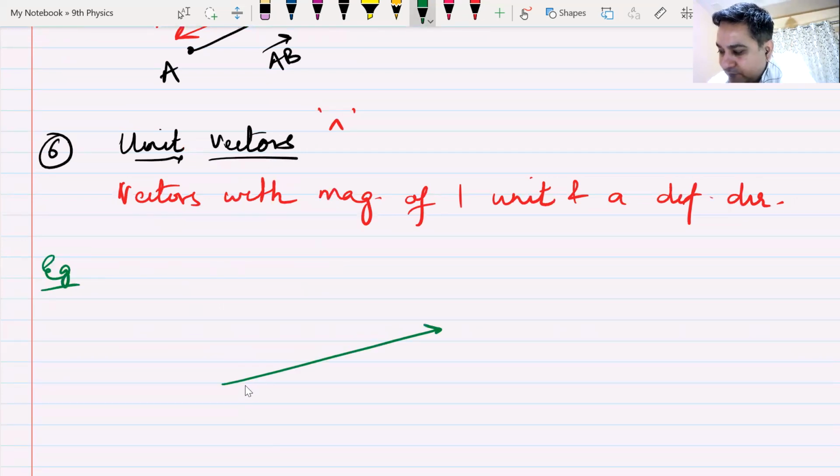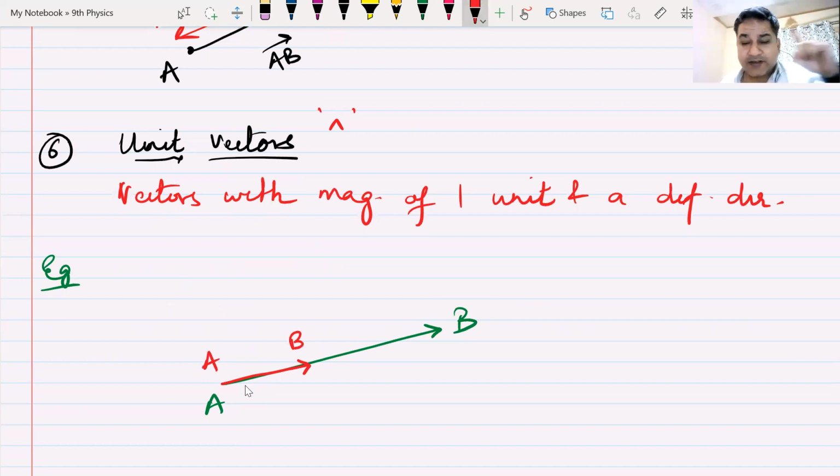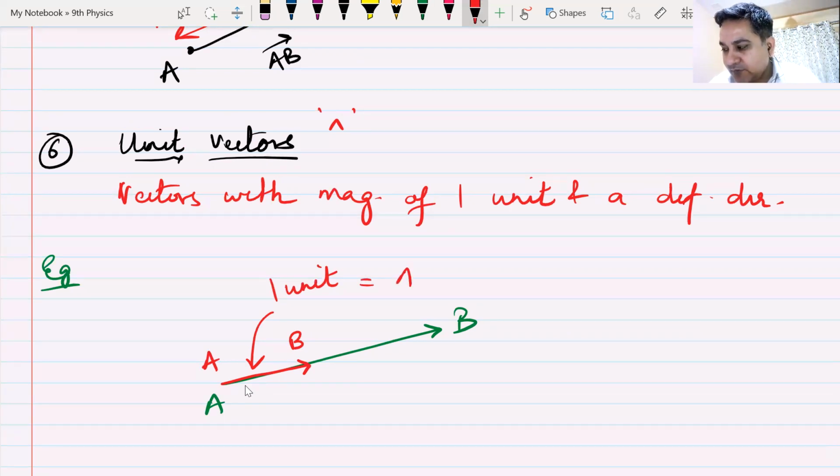I have this vector which is my AB vector. What I do here is I draw a vector in the same direction as AB. And if the magnitude of this vector is 1 unit, this vector becomes AB hat. That means it becomes a unit vector in the direction of AB vector.